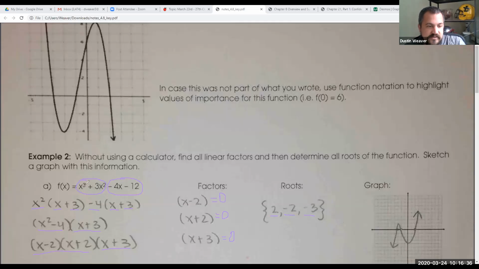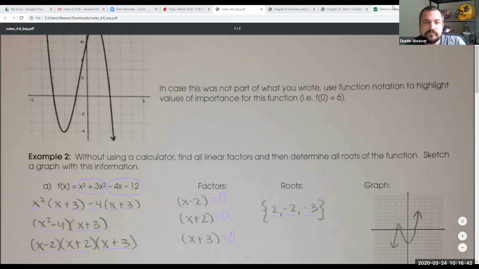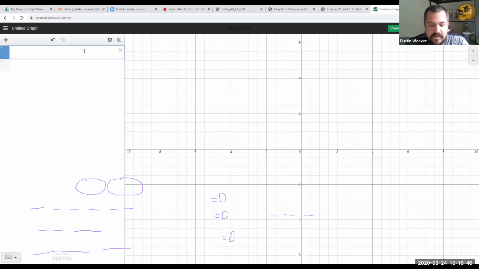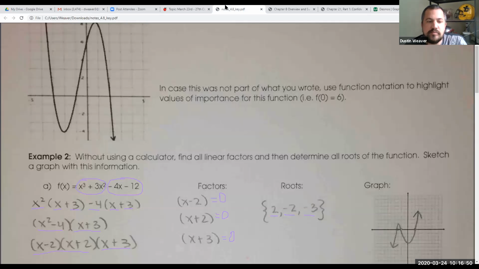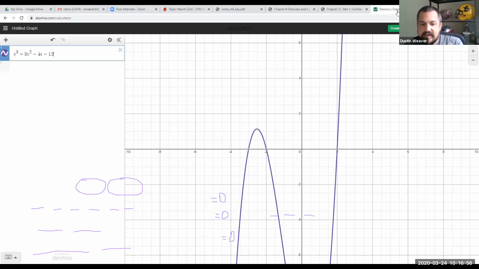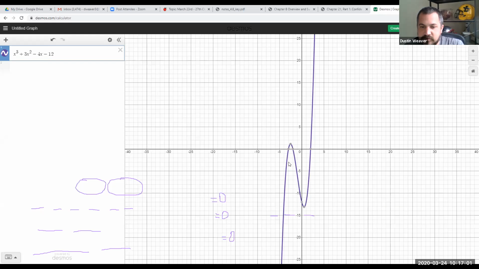It's x to the third plus 3x squared minus 4x minus 12. So I'm going to go there. There we can see our equation. If we need to zoom out a little bit, we can.